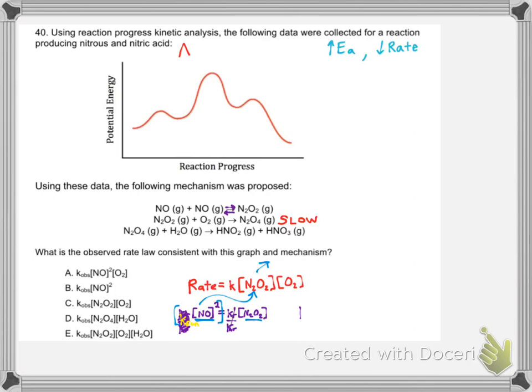It is rate is equal to some constant times a constant again, whole new constant. We'll call it K observed, times NO squared times O2. And that is a good rate law.